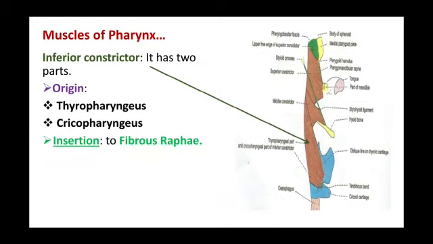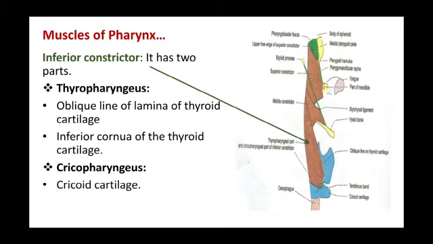Both are inserted to the fibrous raphe. The thyropharyngeus arises from the oblique line of the lamina of the thyroid cartilage and inferior cornu of the thyroid cartilage, while cricopharyngeus arises from the cricoid cartilage.